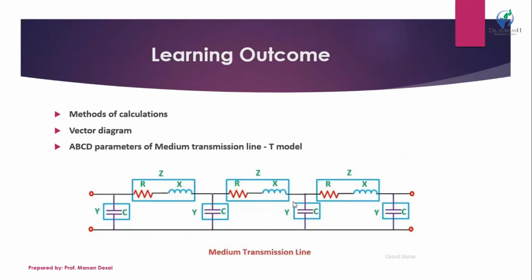So students, this is a medium transmission line where C is connected in the middle of the line, and the capacitance effect is spread thoroughly over the transmission line, so we cannot neglect it, and we have to calculate it as a lumped parameter.